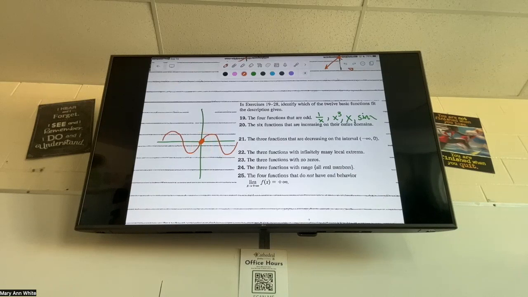Okay, what about 6 functions that are increasing their entire domain? Which 6 functions increase the whole time? Exponential does, linear does. What else increases the whole time? Cubic. Squared, not squared, because I'd argue squared decreases and then it increases. Sine increases and decreases because it waves.